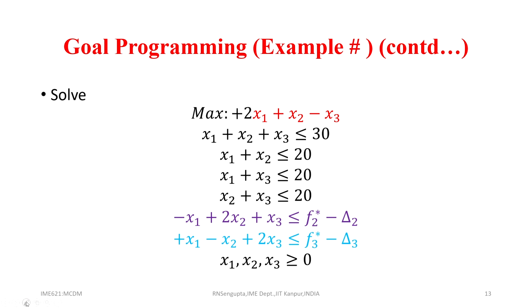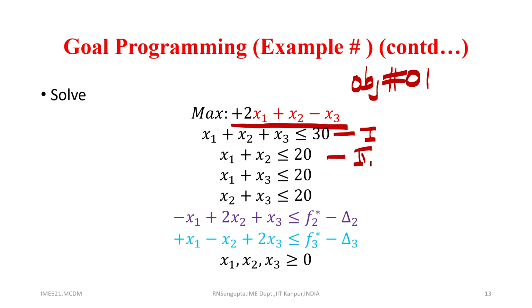The first case is that I am taking objective function 1, so I will write it obj number 1. Constraint 1 is there, constraint 2, constraint 3, constraint 4 and constraint 5 are also there.